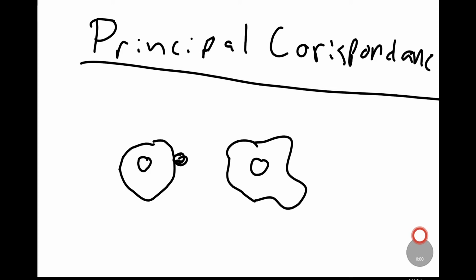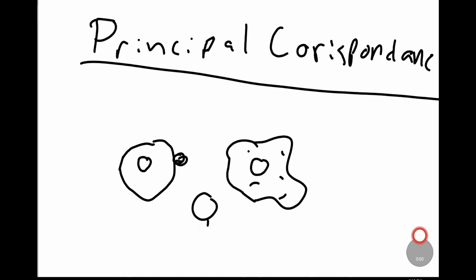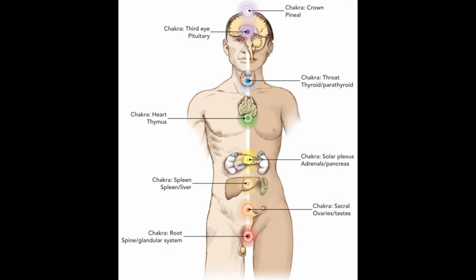You have the nucleus of the cell, and around it you have different organs that circle around the center power source. And then you might have a human body that has a central power source, and down it you have power centers, which a lot of people call the chakras.